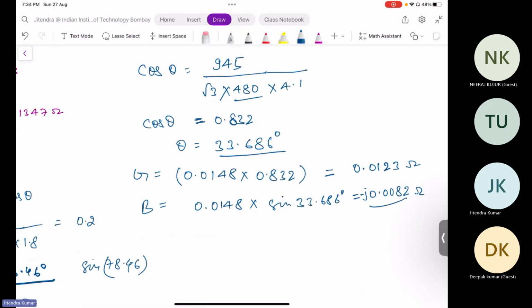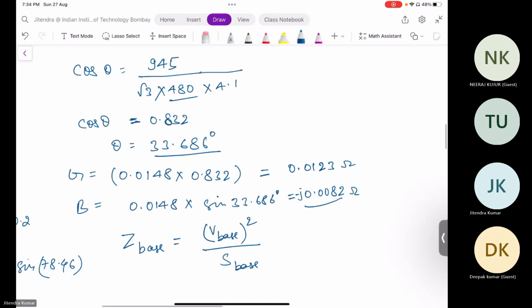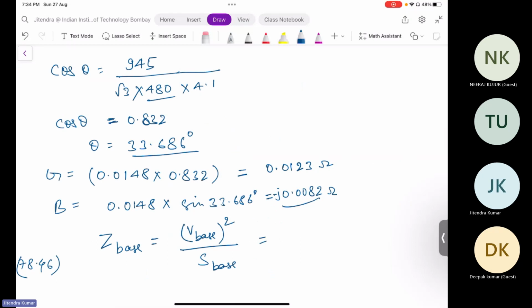So now we need to convert it into per unit. For that, the base value is required. So the base value is voltage base square divided by S base. Yes, sir.